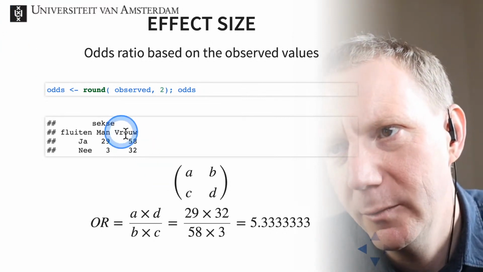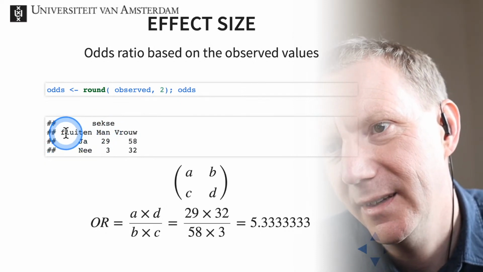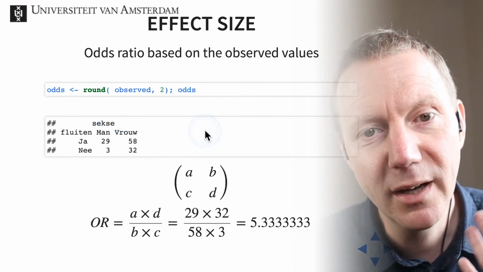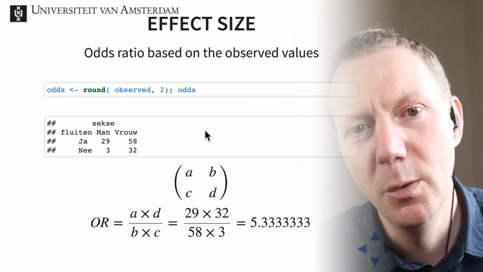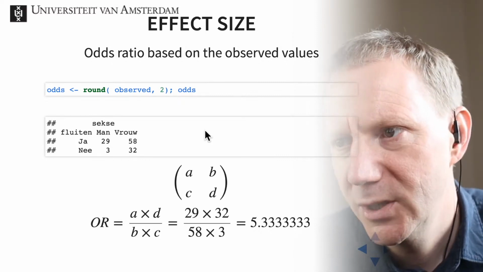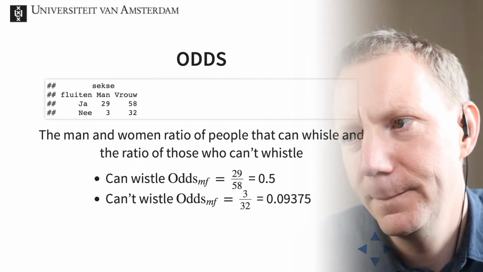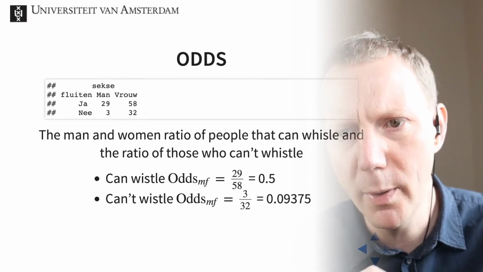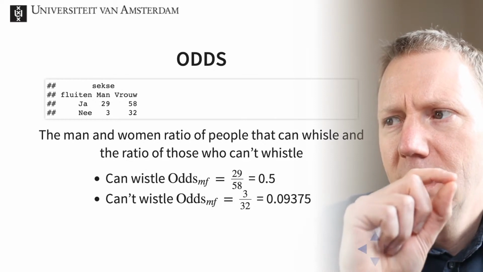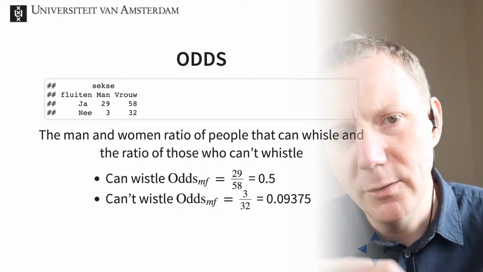So for example, if we would have put gender on the y-axis and whistling on the x-axis, you could still calculate an odds ratio, but then the meaning of the odds ratio would be different. So I'm going to look at the way Field does it, and I wanted to show you both because it's a little bit arbitrary which route you choose.